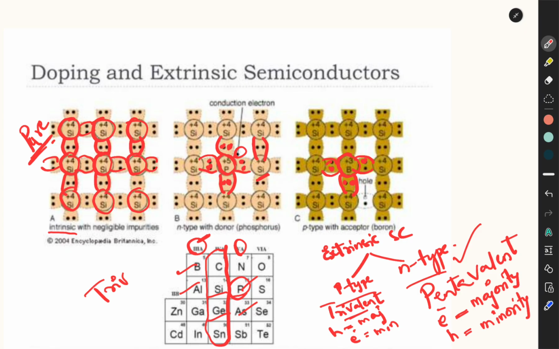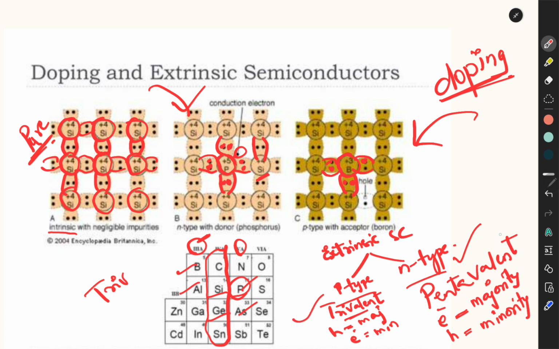This process of adding impurity to the semiconductor is called doping, whether a trivalent or pentavalent impurity is added, and the atom being added as an impurity is called a dopant.